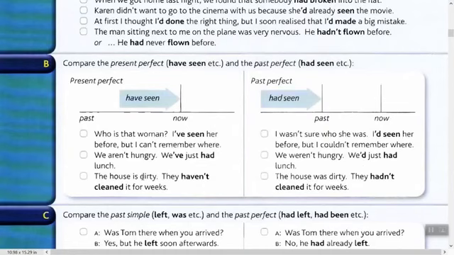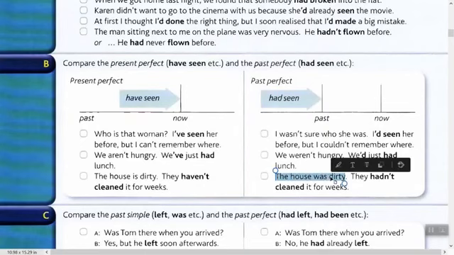Now the house is dirty. You came into the house and you see that the house is dirty. They haven't cleaned it for weeks. See, now the house is dirty. They haven't cleaned it for weeks, from the past till now. So this is present perfect. Let's repeat it for you. This is past perfect. The house was dirty.